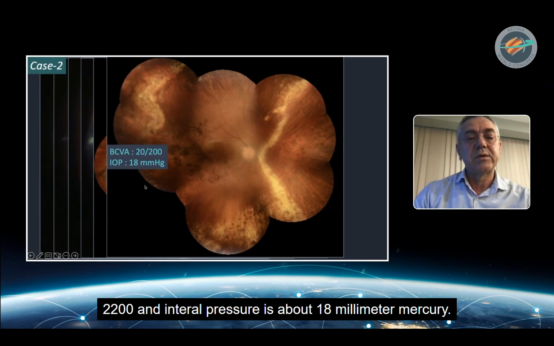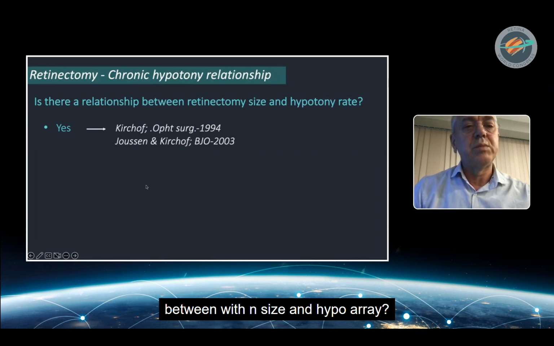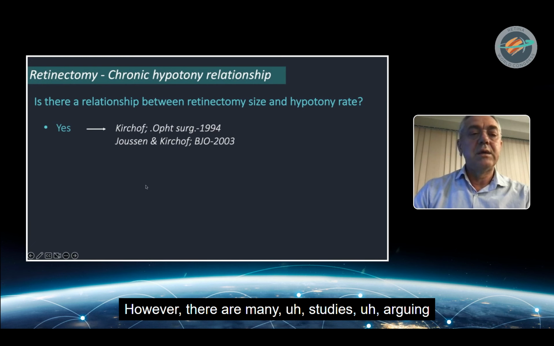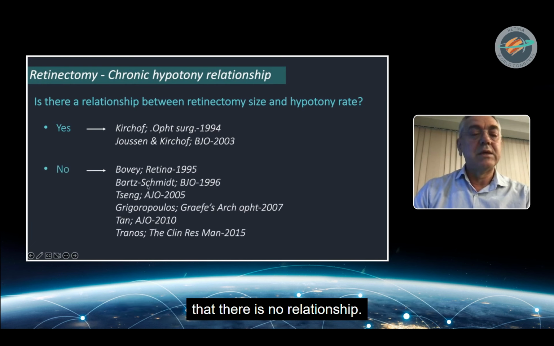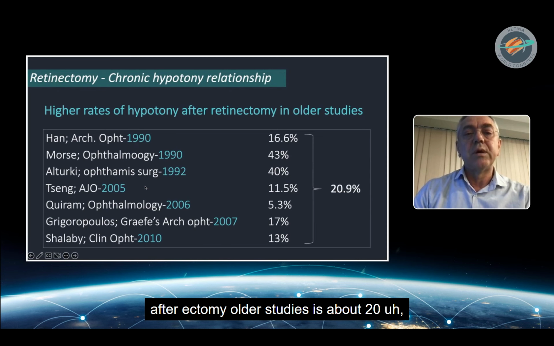So going back to our question, is there any relationship between retinectomy size and hypotony rate? In the literature, only Kirchhoff says yes. However, there are many studies arguing that there is no relationship. Another interesting point is that we observe high rates of hypotony after retinectomy in older studies, about 20%.